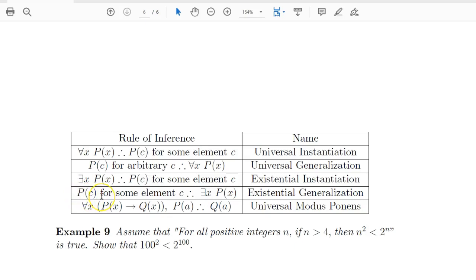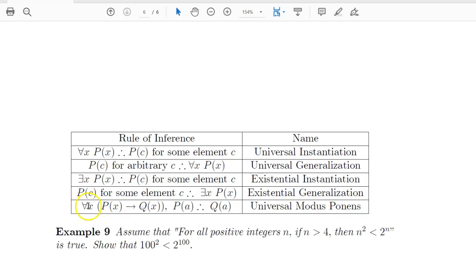In the next row, P of c for some element c, and therefore there exists an x such that P of x. Existential generalization is the name of this rule of inference.